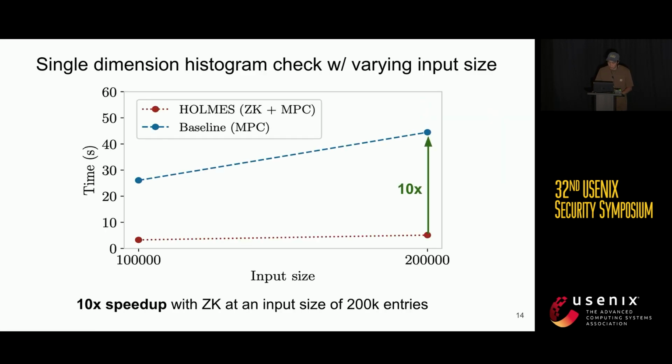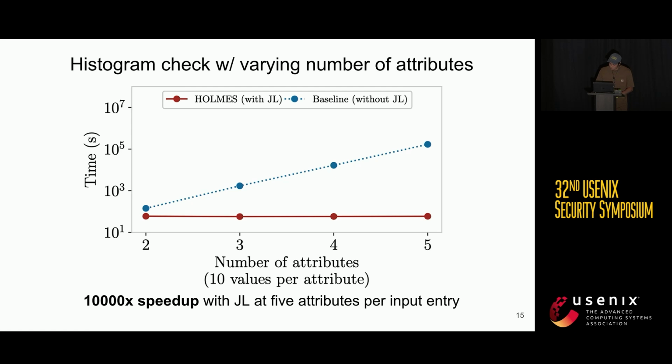As we can see right here, by just using zero-knowledge proofs to offload the computation, not only does the overhead grow much slower by offloading a lot of the local computation, but also at an input size of 200,000 entries, we get a 10 times speed up. And also, moving on to the multidimensional distribution histogram check, remember as we project a histogram with an exponential number of columns into a histogram with a constant number of columns, the overhead also remains relatively constant as we increase the number of attributes.